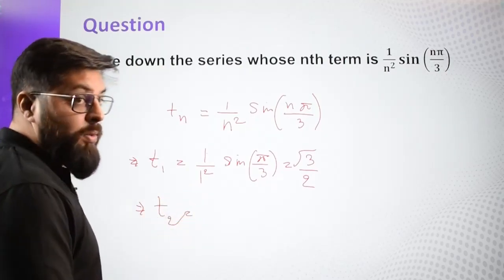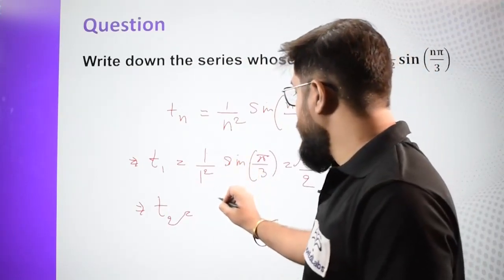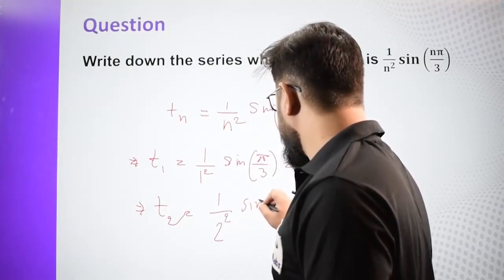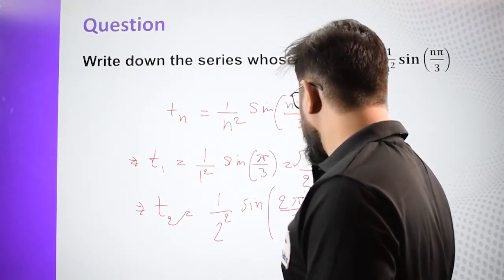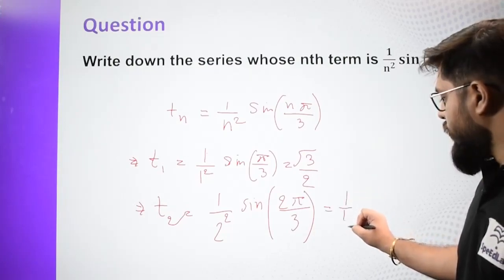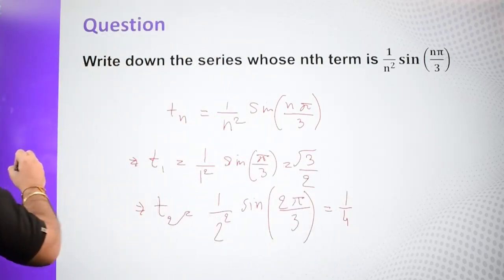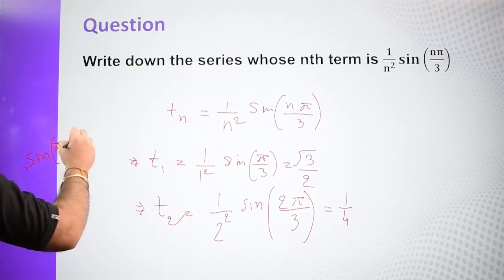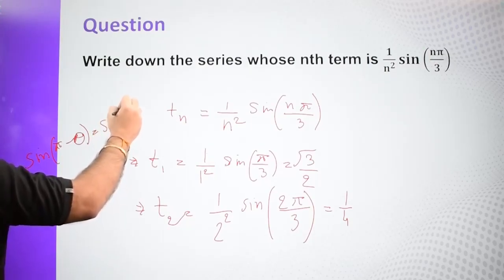To find the second term, what will we do? We will write T2, n equals to 2. So T2 will give me the value 1 upon 2 square sine 2 pi by 3. So 1 upon 2 square is 1 upon 4, and sine 2 pi by 3. We already know from trigonometry that sine pi minus theta is the same as sine theta.